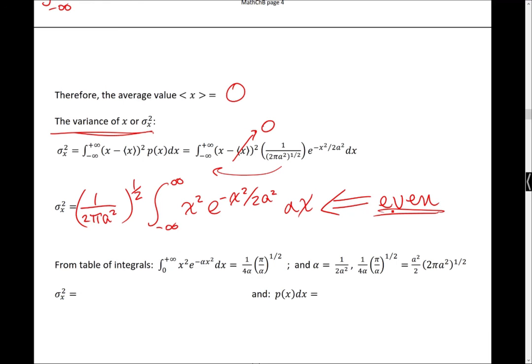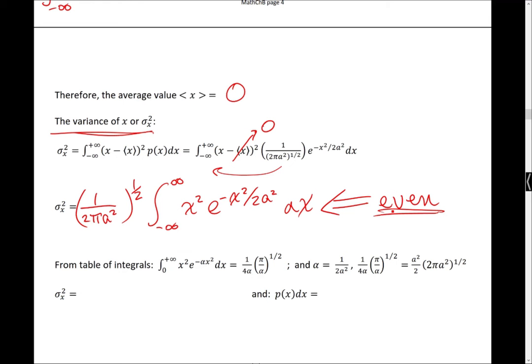And again, we don't want to do the integration, so we go to a table of definite integrals. We find a function that looks similar: x squared times an exponential of x squared, with our alpha. That alpha is the same as the alpha we've previously introduced, 1 over 2a squared. Our table of integrals tells us that this is the integral from 0 to infinity, so I just brought that over here.